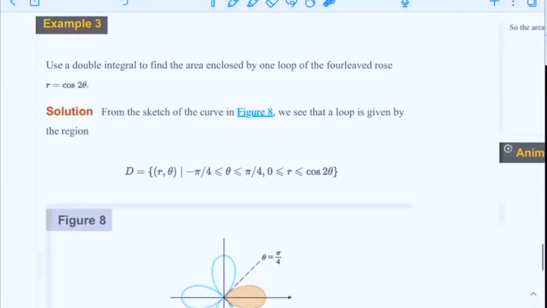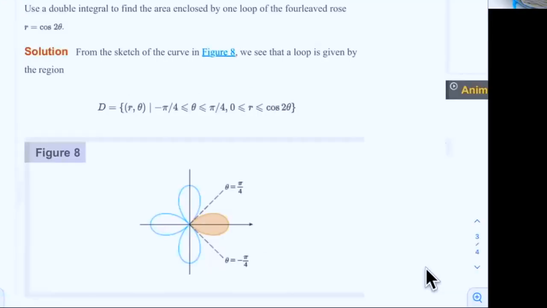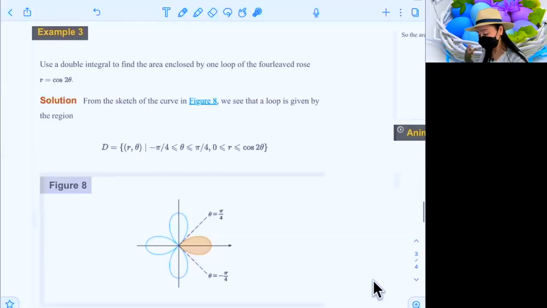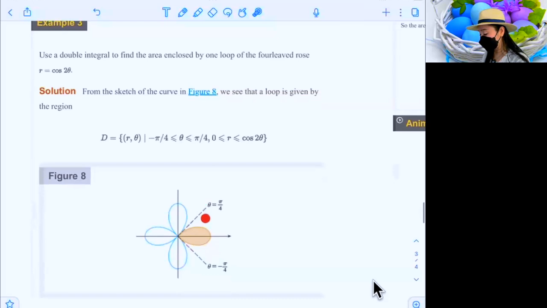Now let's try another example. I feel like with polar coordinates, maybe some of you might have forgotten a little bit, so it might take some time to come back. This one is a double integral to find the area enclosed by one loop of this 4-leaved rose. In my 110B, we just talked about this last time.